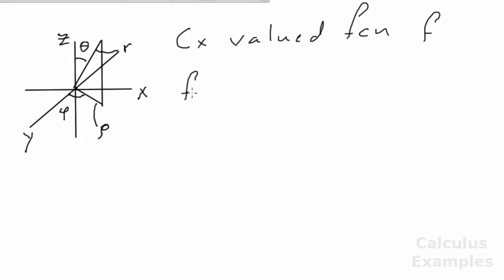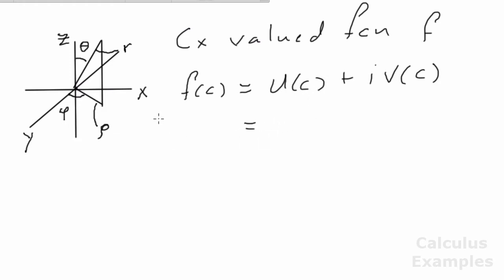So we can write that as f of c, but remember it's complex valued, so the value that f takes when you evaluate it at c is going to be a complex value itself. So we can write the real part as a function of c, u, and the imaginary part as a function of c, which we'll write as v here.